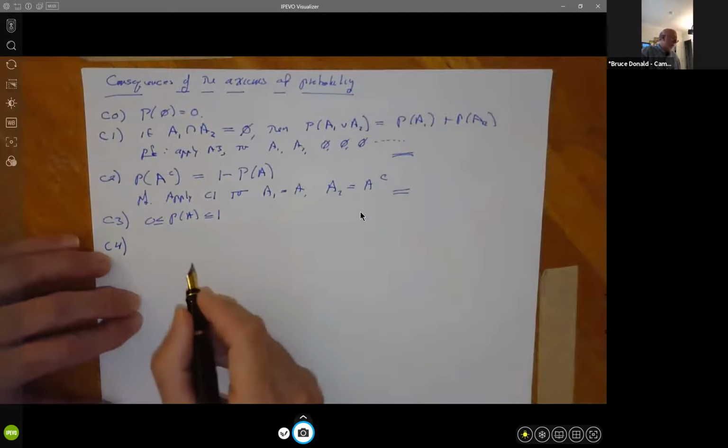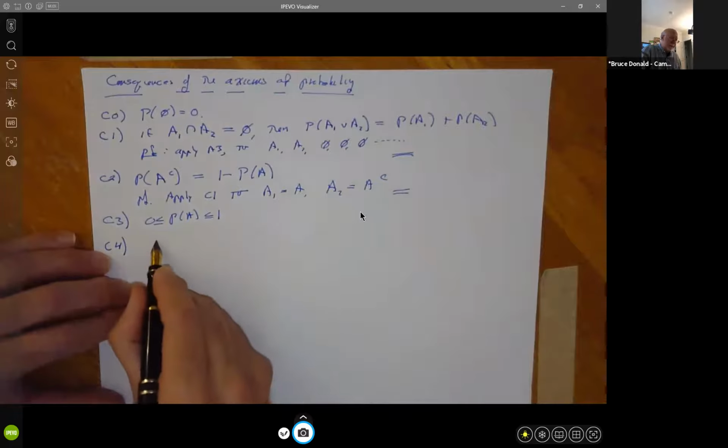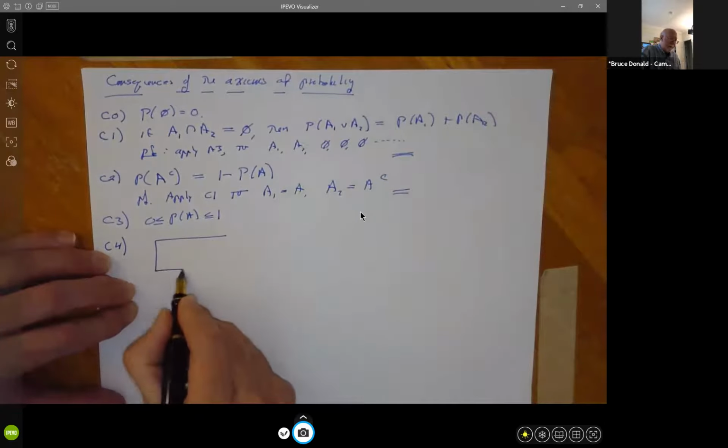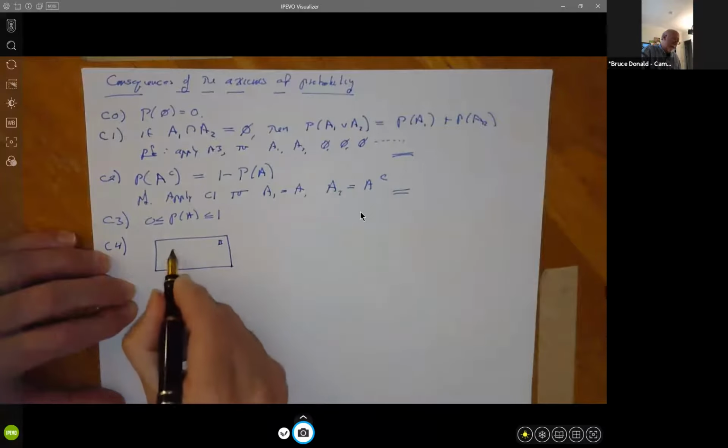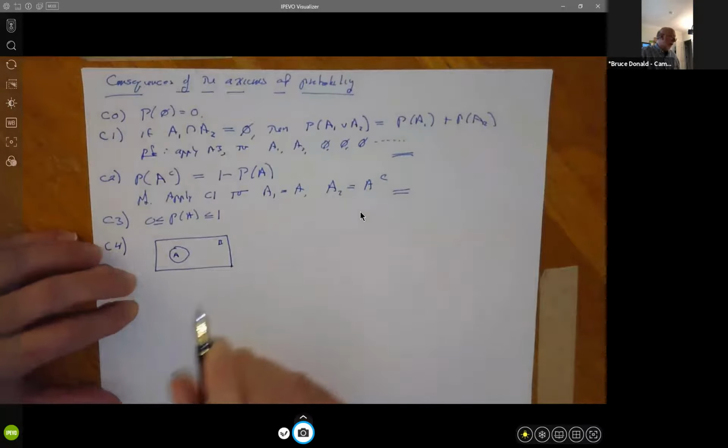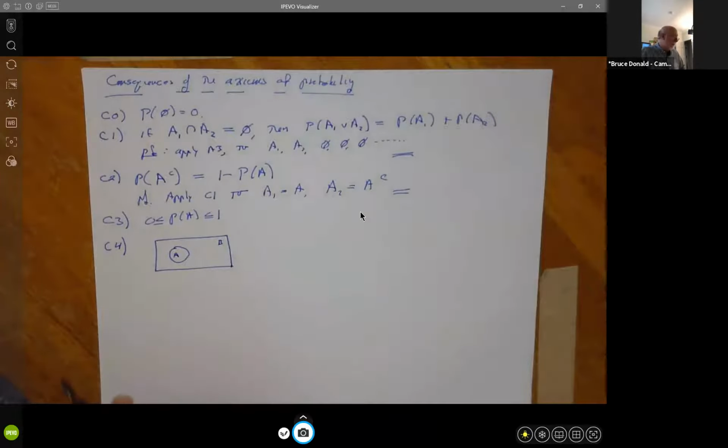So the first situation looks like this. Suppose we have two sets with this relationship. This is my set B, and this is my set A like this. And I want to know about the probabilities of these two sets.